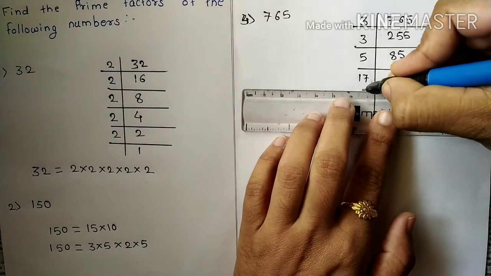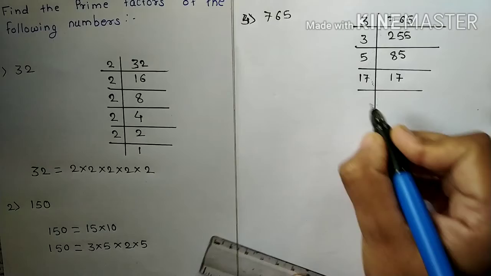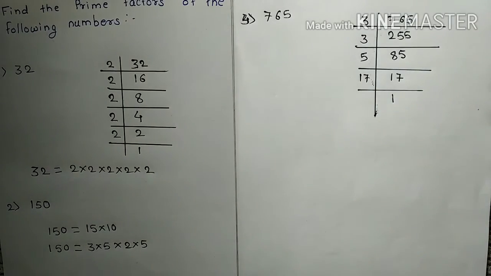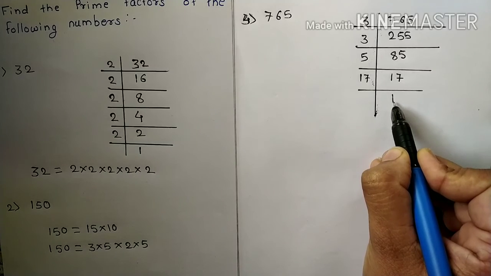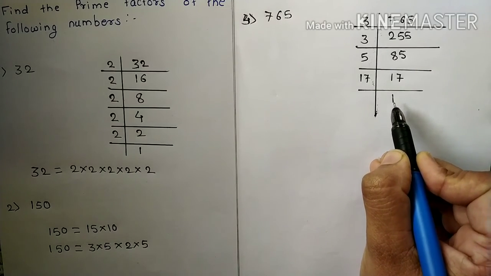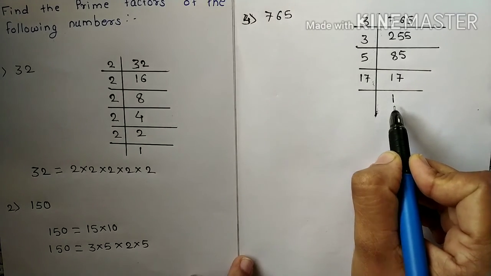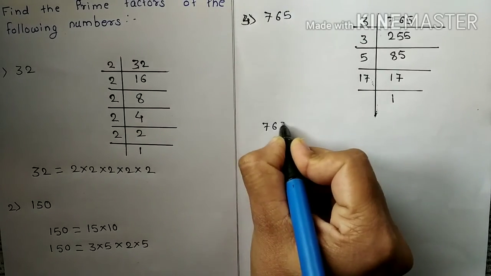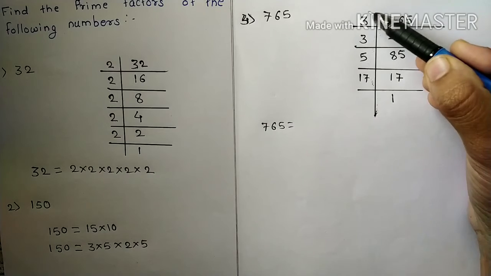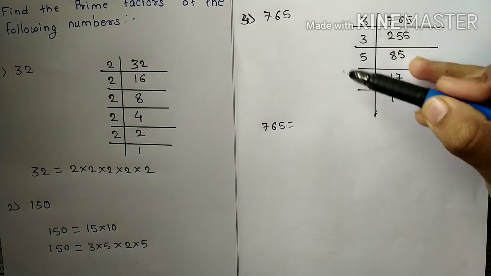17 ones are 17. Therefore here we write 1. When 1 comes, we stop. Therefore prime factors of 765 are the multiplication of these numbers.